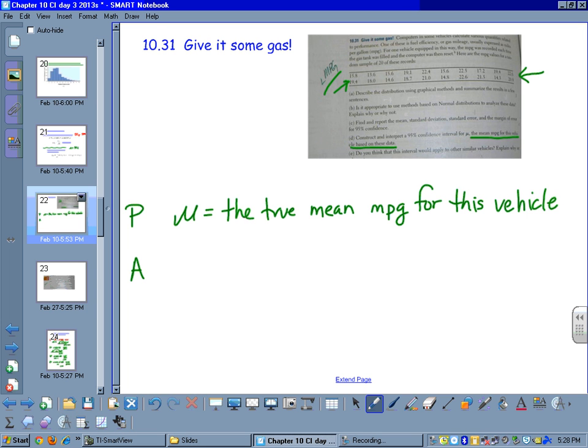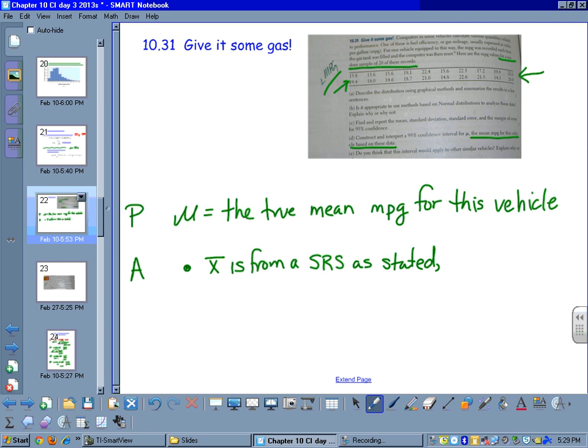The A, the assumptions or conditions, this is the time-consuming part. The first part, it says somewhere up here that we are going to consider these as a random sample. It says right here, a random sample of 20 of these records. So we're going to say that X bar is from a simple random sample as stated.